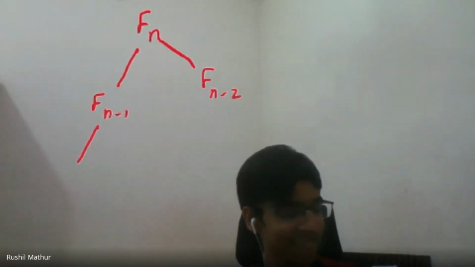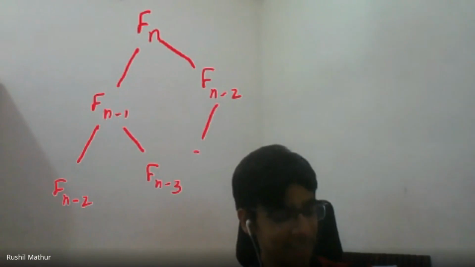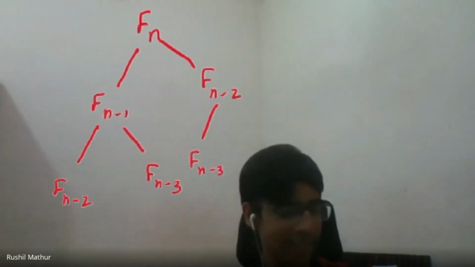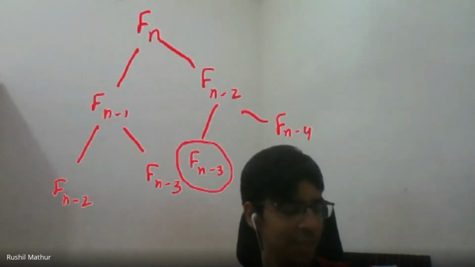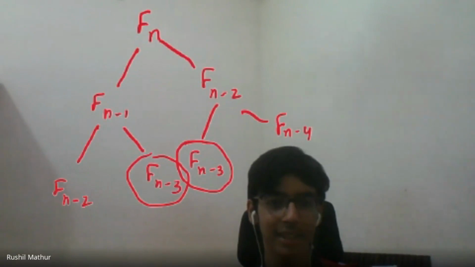To calculate fn minus 1, you called fn minus 2 and fn minus 3. This you called fn minus 3 and fn minus 4. So if you see here, fn minus 3 has come twice while the graph is forming, so the time will be exponential.